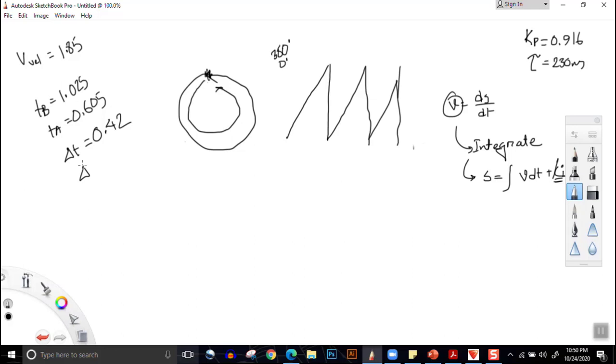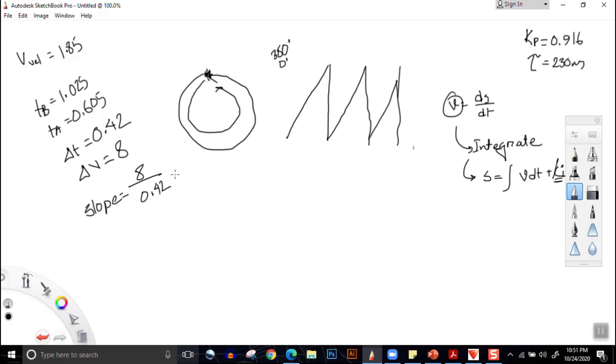Change in voltage would be equal to, as we can see, the changing voltage goes from minus 4 to 4 volts. So the change in voltage becomes 8. Now, if the change in voltage is 8, then our slope is equal to 8 divided by 0.42.